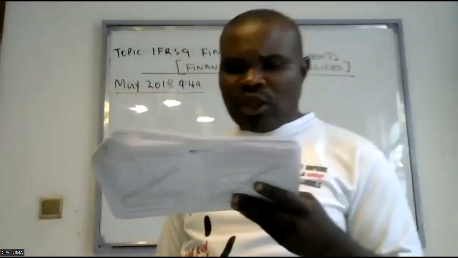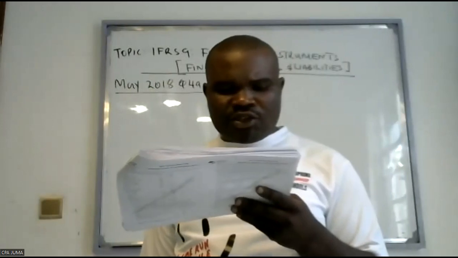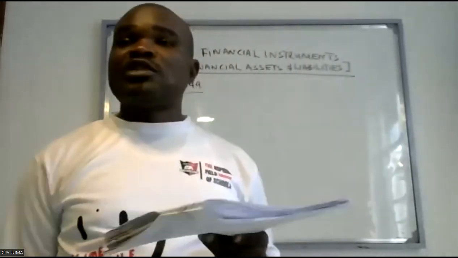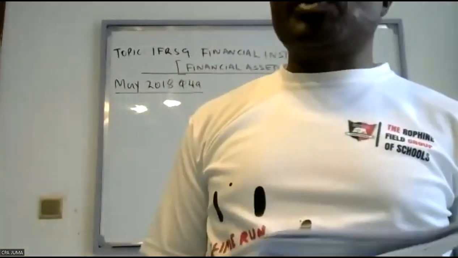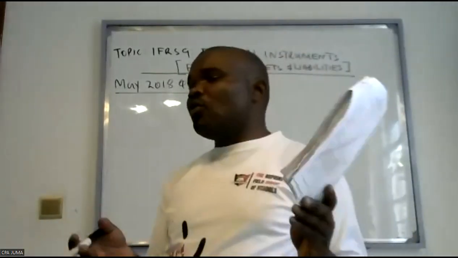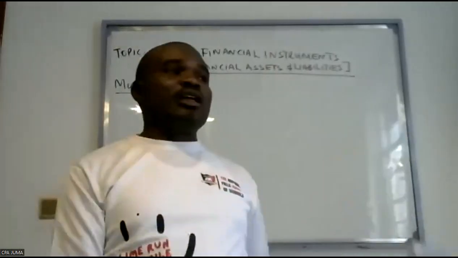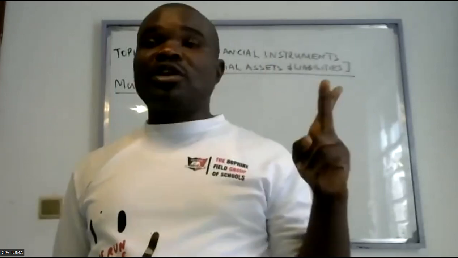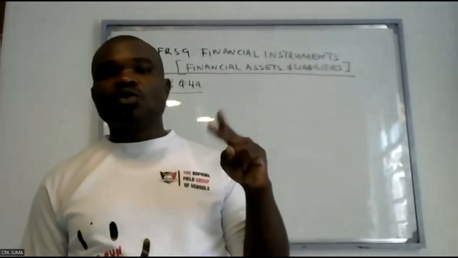Required: we are required to determine the charge to the income statement for each of the 2 years ending 31st December 2018 and 2019. Then extract from the statement of financial position as at 31st December 2018 and 31st December 2019. So to determine what goes to P&L and the balance sheet, there are 2 questions you cannot avoid without amortization: 1, bonds; 2, leases.